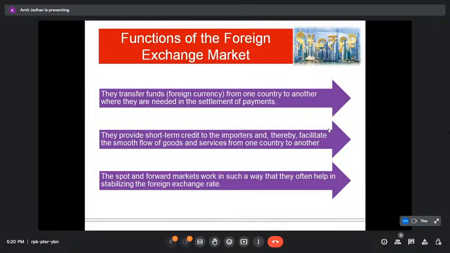Most of the time, if a country needs funds in foreign currency, those funds will be provided through the foreign exchange market. That is the first function: transferring funds in foreign currency from one country to another.